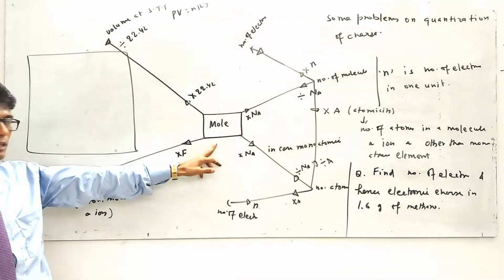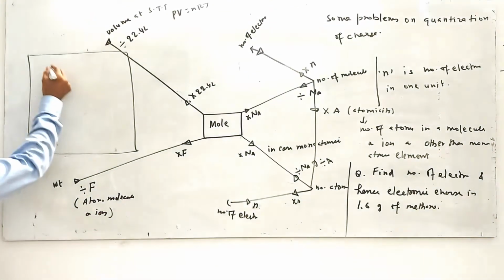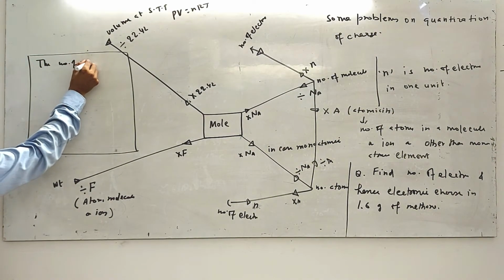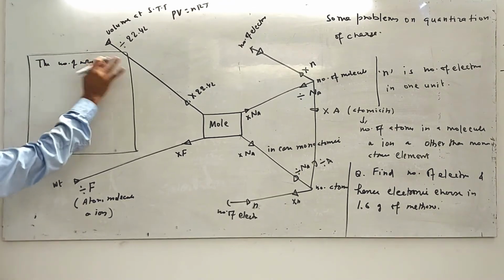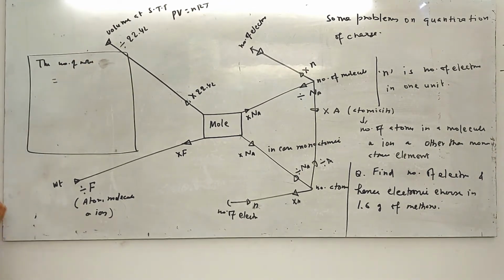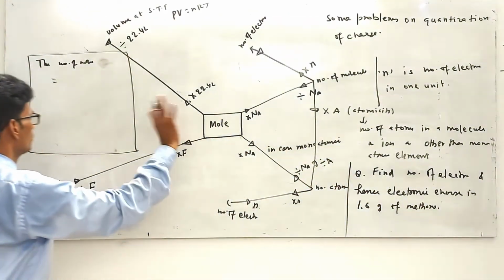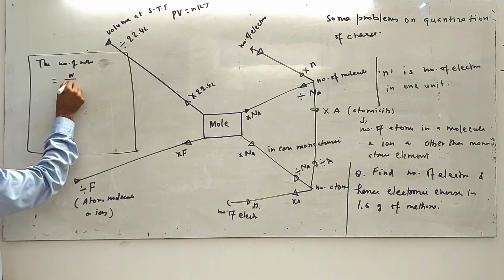First we have to find the number of moles, step by step. The number of moles n is equal to the weight, already given as 1.6, divided by the formula weight.